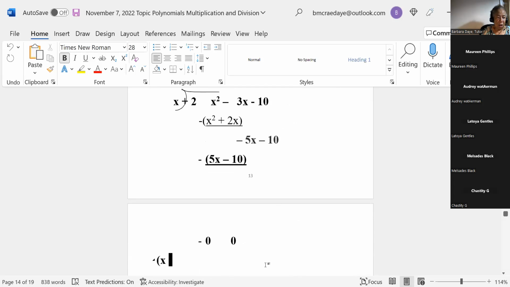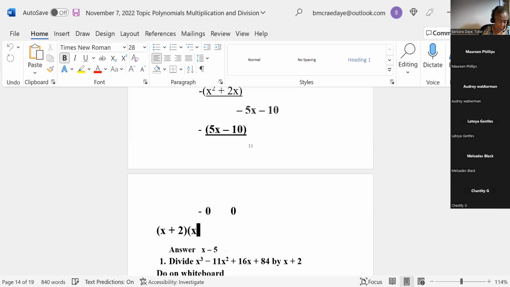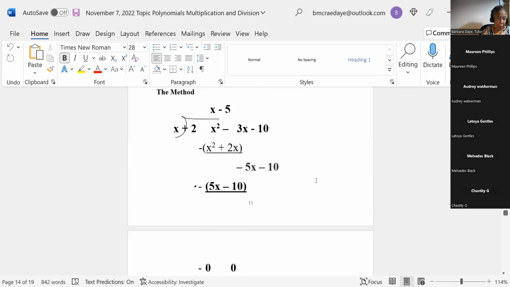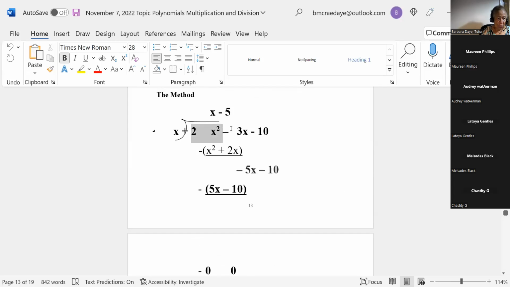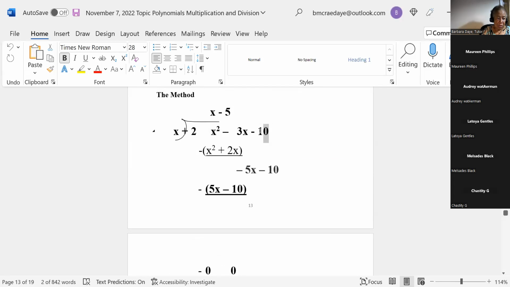You could do long division. So x plus 2 multiplied by our answer x minus 5 equals the polynomial x squared minus 3x minus 10. So let me just put this here.